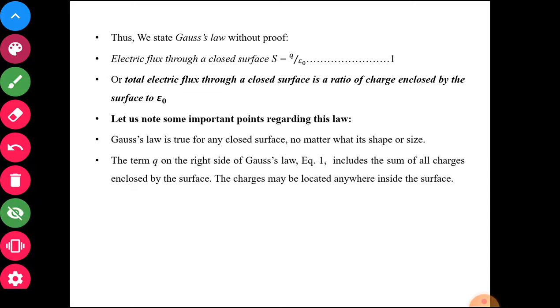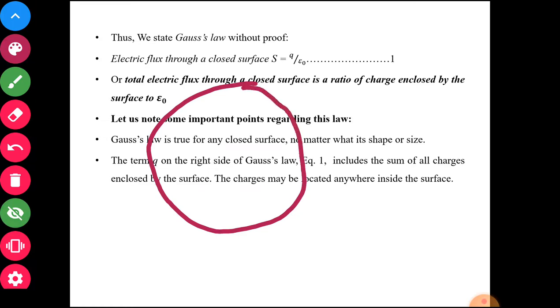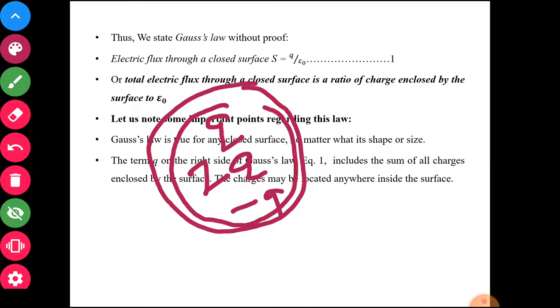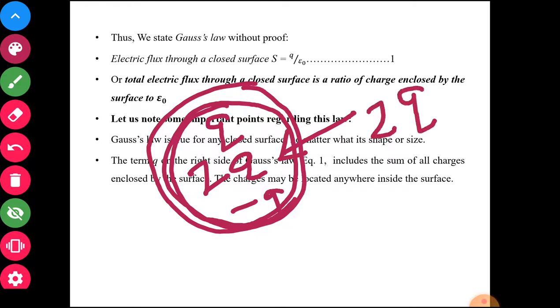Now try to understand, you have this spherical surface. One charge q is here, then say 2q is somewhere here, then minus q is here. You have to take into consideration all these charges which are enclosed, and you take the algebraic sum of all these charges. Algebraic sum will give you the total charge enclosed in this particular surface as 2q.